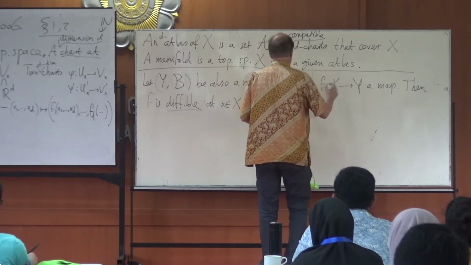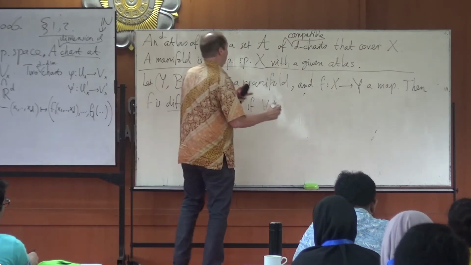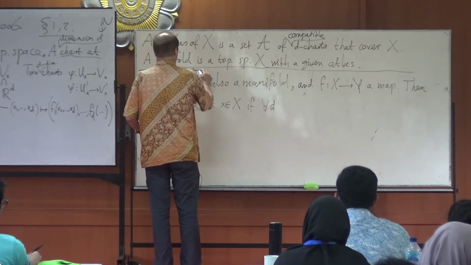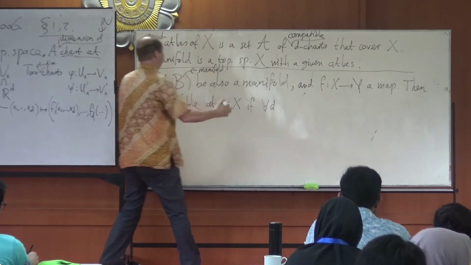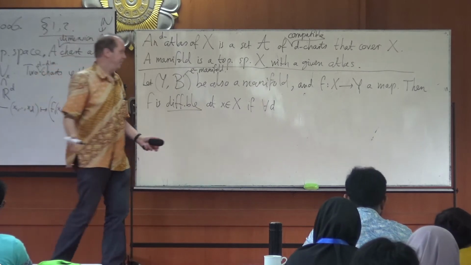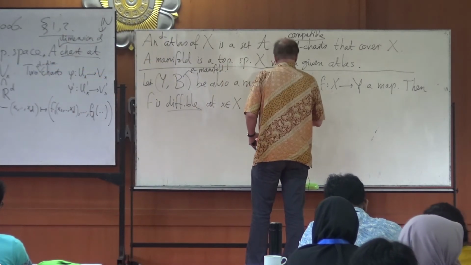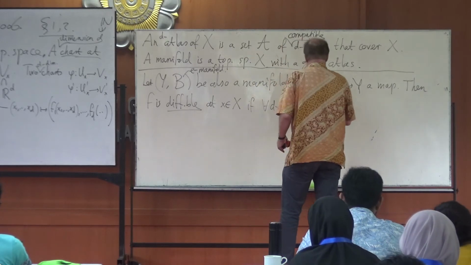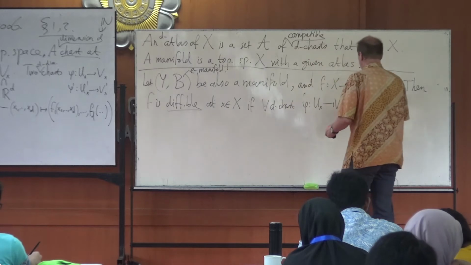Oh, I should say Y also has a dimension, a manifold. So this is, say, an E manifold, because there is no need that both have the same dimension, okay? So for every D chart, say phi from U_x to V_x in R^D.